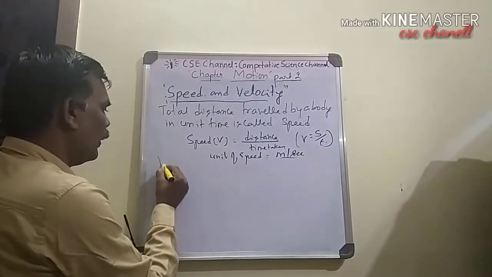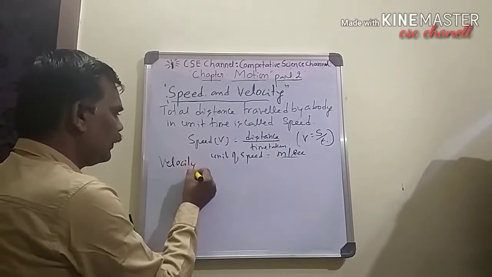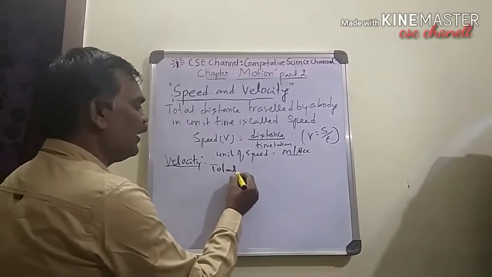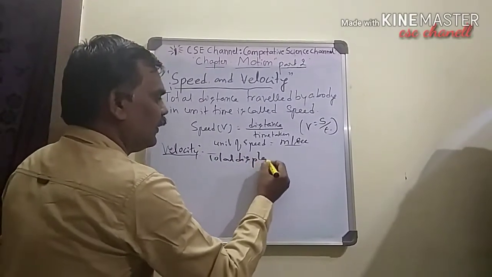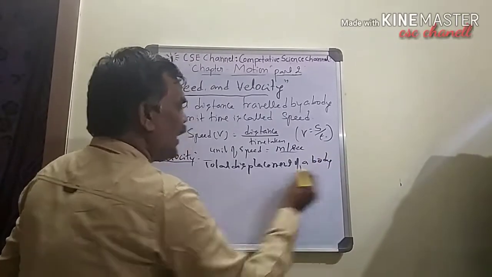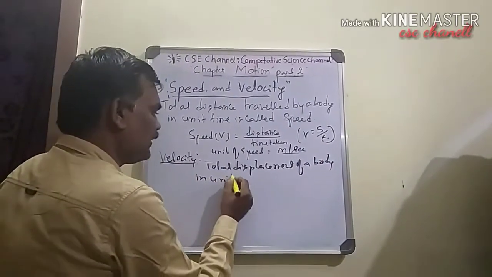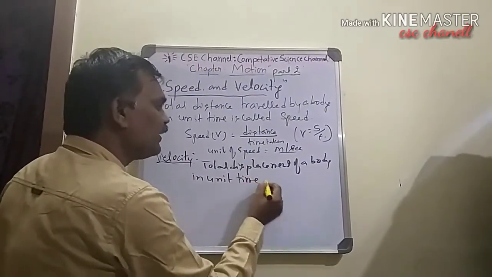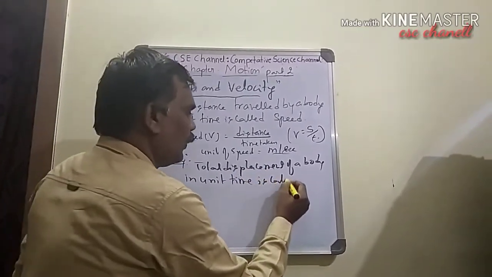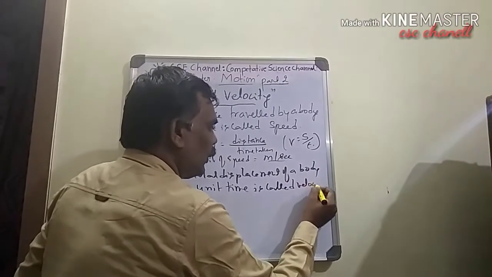Coming to velocity, velocity is the total displacement of a body in unit time. That means in a given time, how much displacement of an object occurs is called velocity.